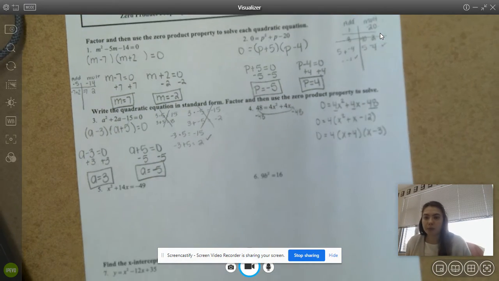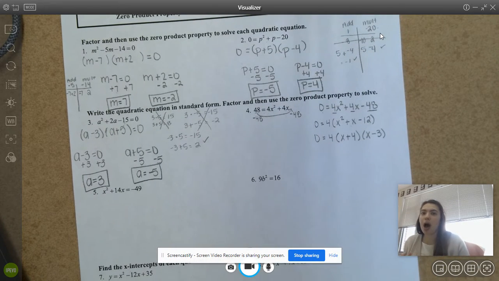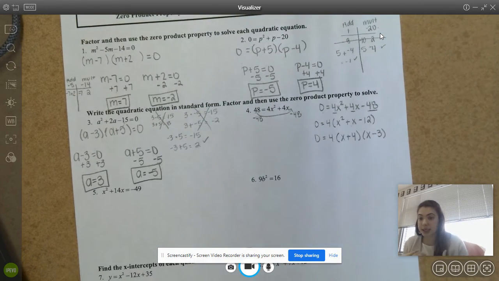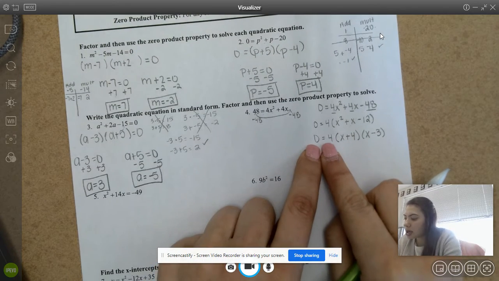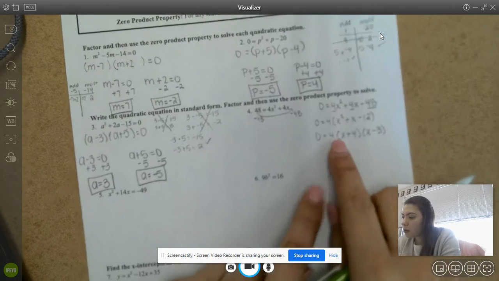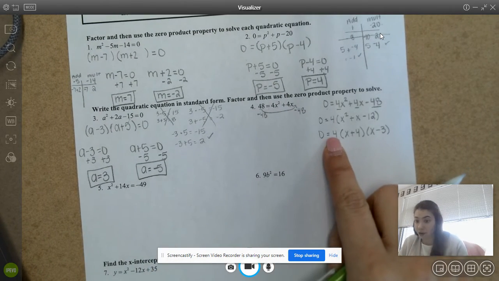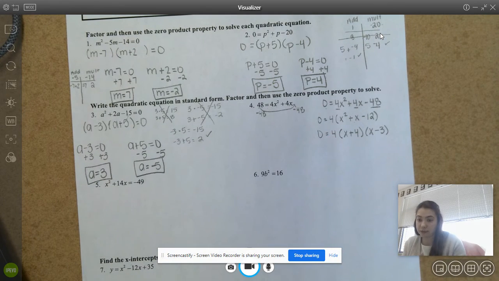Okay? Now, when we have this GCF out in front, a lot of us want to use our natural instinct and just set it equal to 0 as well. But let's keep in mind, when we're setting each factor equal to 0, there's no way that 4 could ever be equal to 0. That's not true. 4 can only be equal to 4.